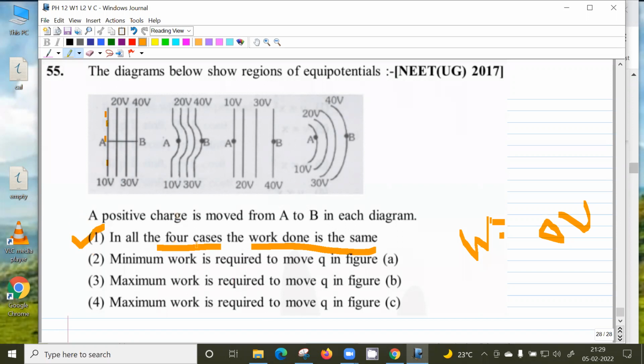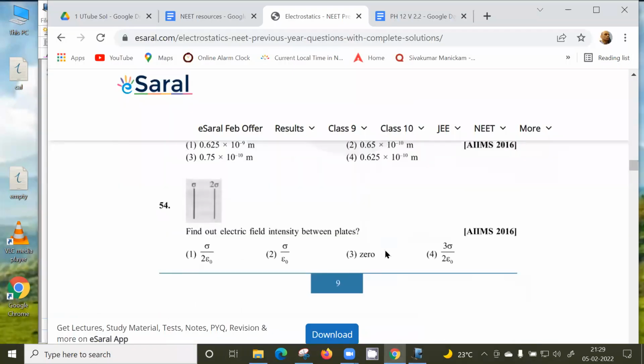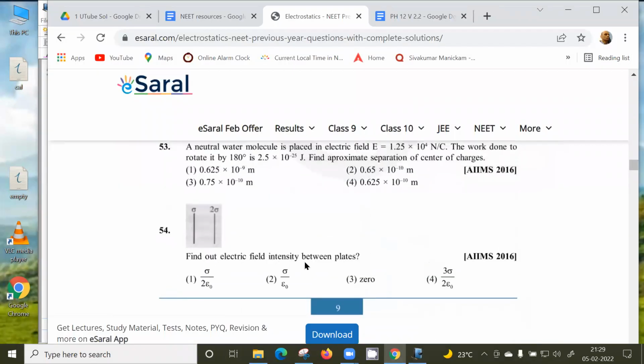What about 2? Minimum work is required. Same concept. These other options are obviously not true because one is true. Okay, it's a trivial question. Okay, this is also trivial. This you know, right?